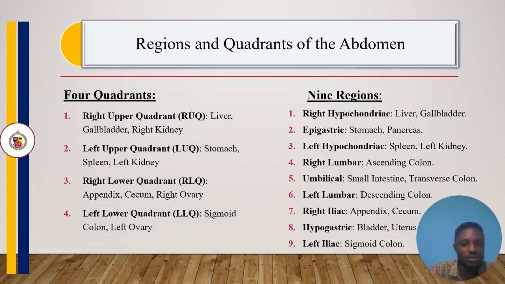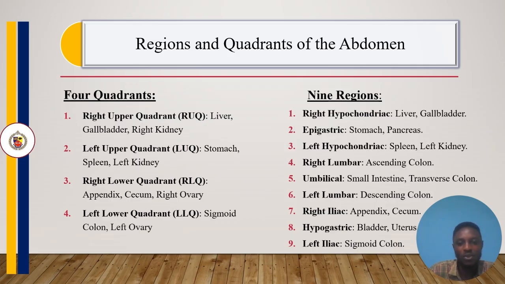These are the regions and the quadrants of the abdomen. We have the liver, gallbladder, and the right kidney, which are located in the right upper quadrant. We also have the left upper quadrant, and in this region we have the stomach, spleen, and left kidney. At the right lower quadrant, we have the appendix, cecum, and the right ovary. At the left lower quadrant, we have the sigmoid colon and the left ovary.